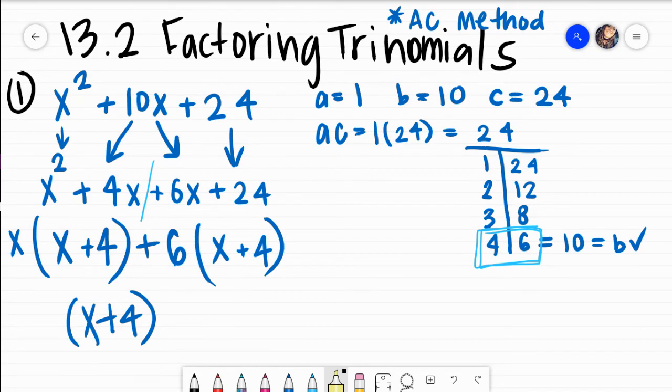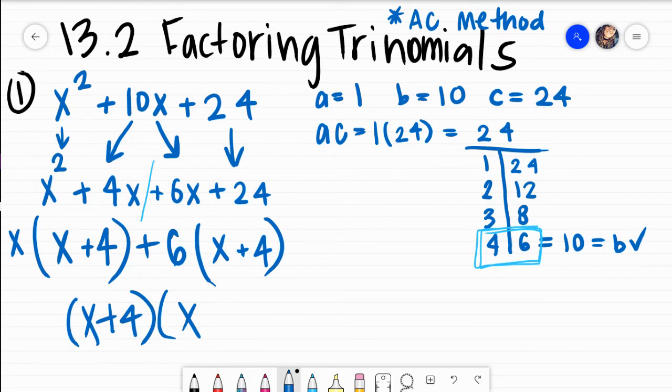Now, after you pull out the GCF, what you do is you divide everything by your GCF. So, same steps that we've been doing, open parentheses and do that division. X times x plus 4 divided by x plus 4. Well, our x plus 4s cancel because they're the exact same thing, right? So the only thing that remains is just an x.